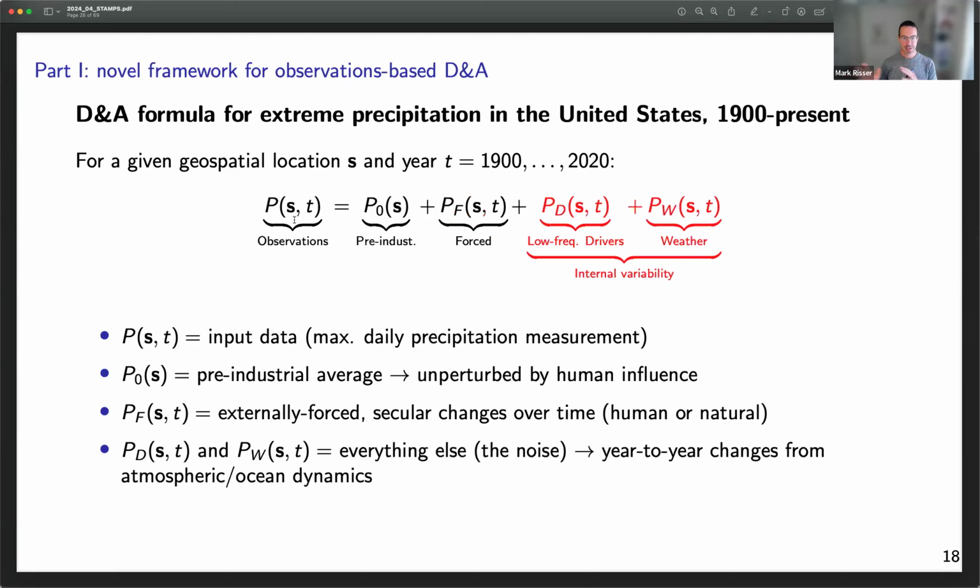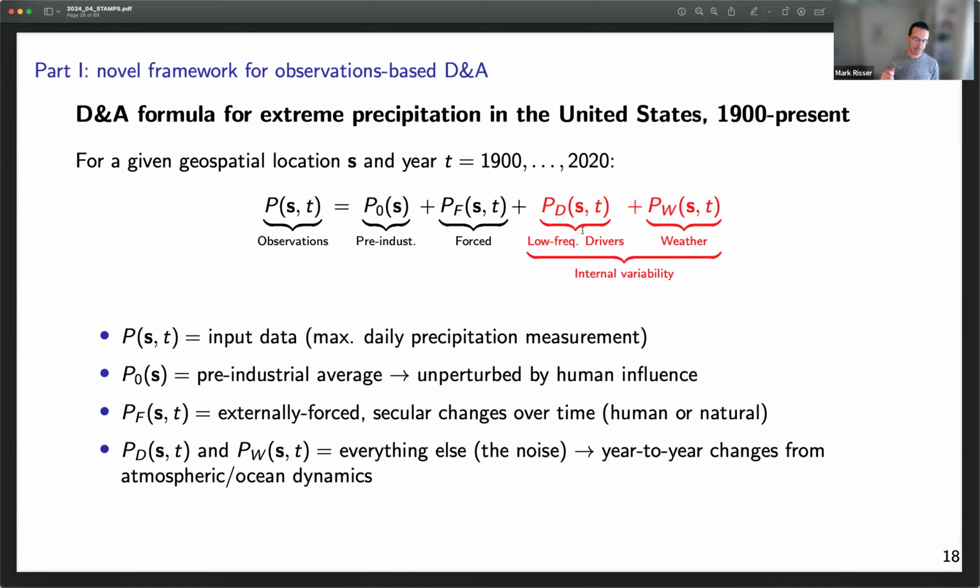And then everything else is in a bucket that we'll call internal variability, which is all the year-to-year changes in rainfall extremes that cannot be described by either the background climatology or some externally forced change. One of the novelties here is that we do split this into two pieces. We have this PD term, which looks at the low frequency drivers.